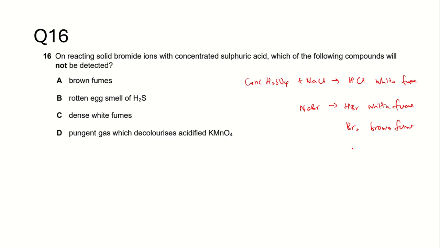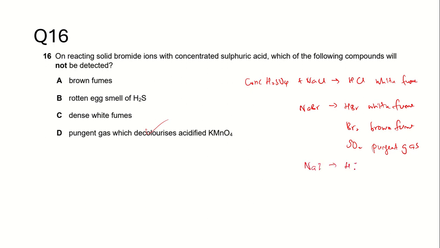And then you also will see SO2, I think. Okay, SO2 is a pungent gas, which can be easily oxidized to SO3 by KMnO4. That's why it decolorizes KMnO4.